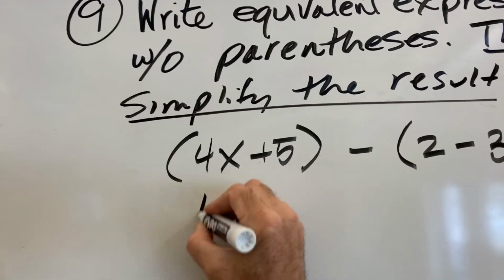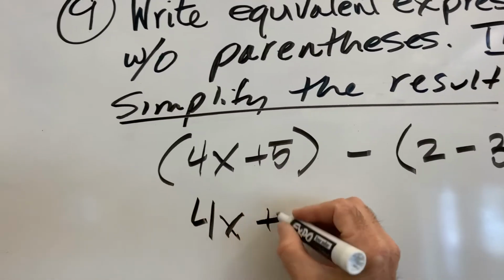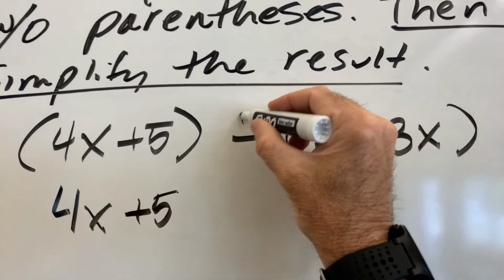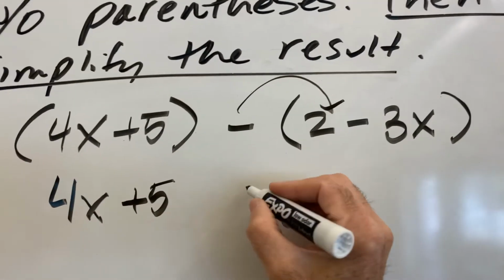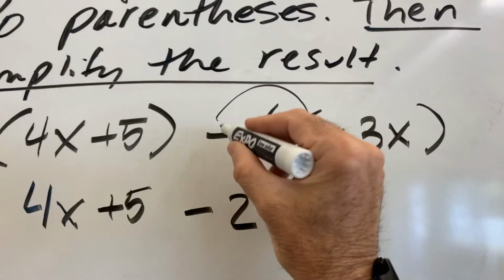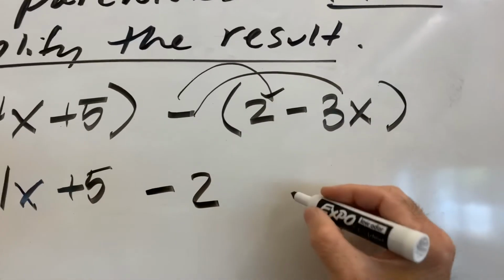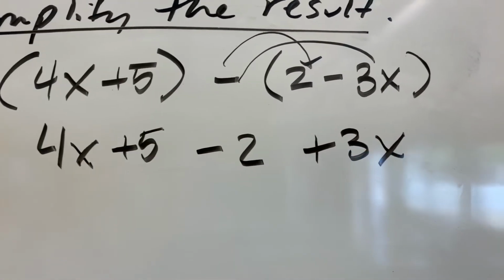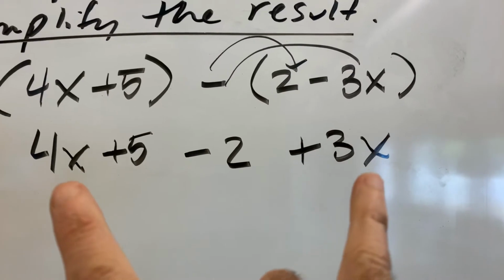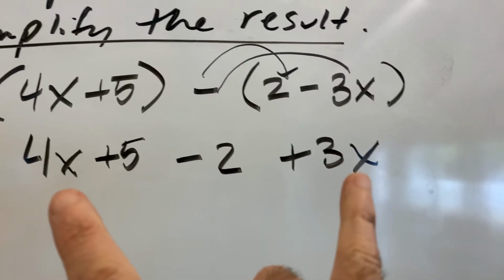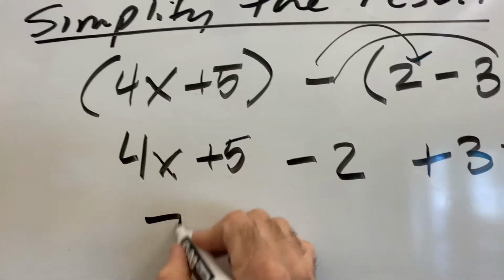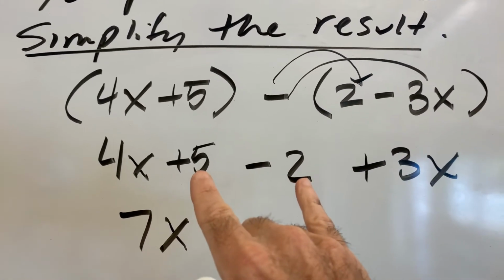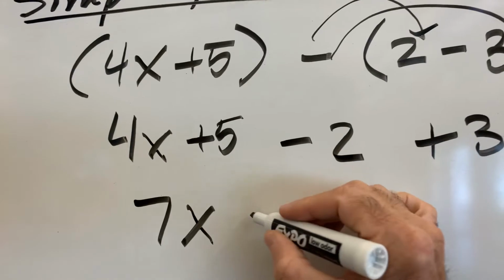So I'm going to write 4x plus 5. That remains unchanged. The opposite of 2 is negative 2. And the opposite of negative 3x is positive 3x. Combine like terms, 4x plus 3x is 7x. Positive 5 minus 2 of my constant terms leaves me with positive 3.